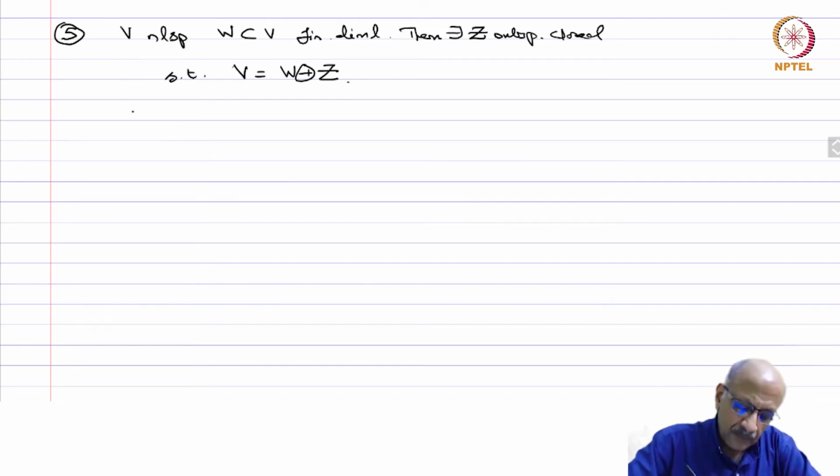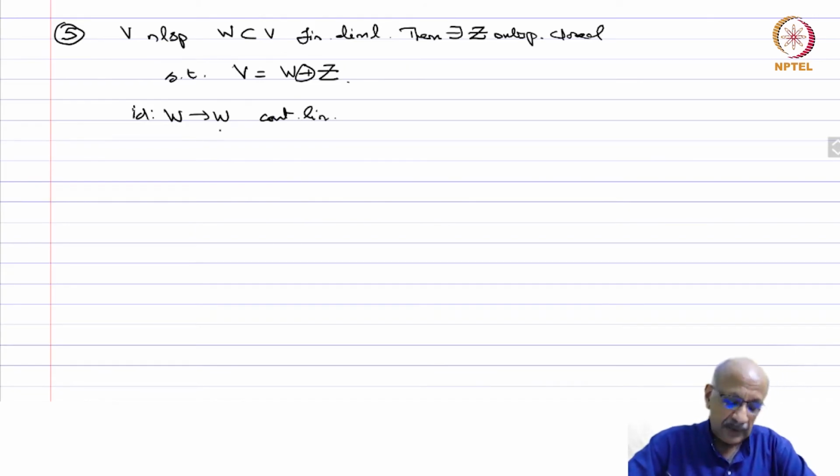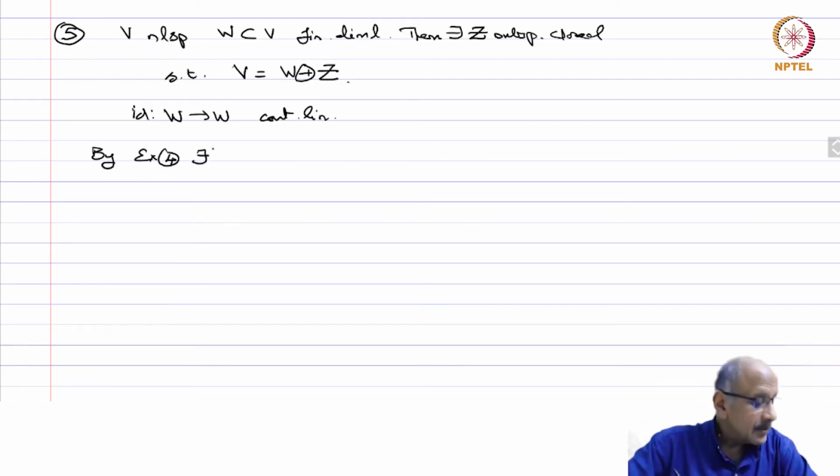Okay, so how do we do that? So solution. Take the identity map from W to W. So this is continuous linear. And W is finite dimensional. And therefore, by exercise 4, there exists a P from V to W such that P restricted to W is identity.